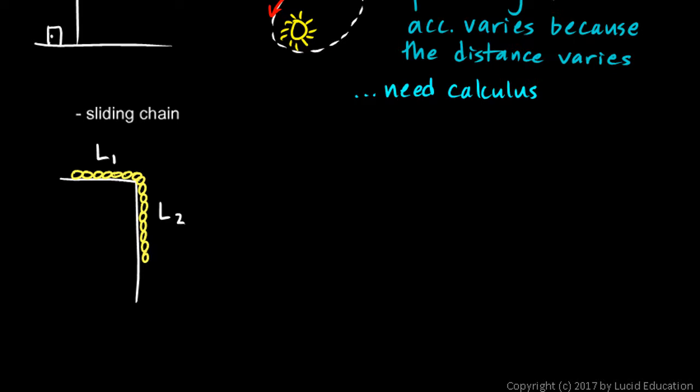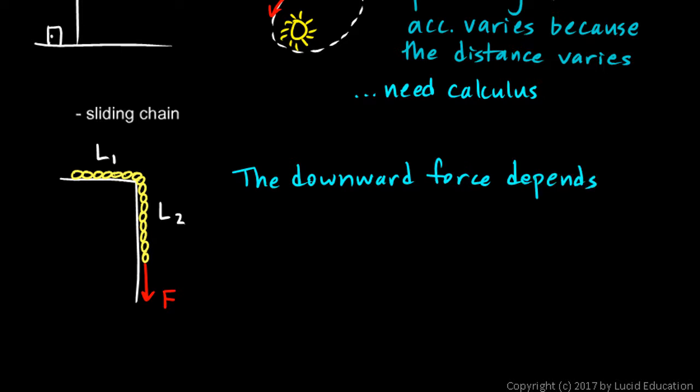Now there's this downward force pulling, and that downward force is the weight of the chain, but specifically the weight of the chain that's hanging over the edge, the part that we're calling length 2. Length 1 is supported by the countertop, so the downward force depends on L2.